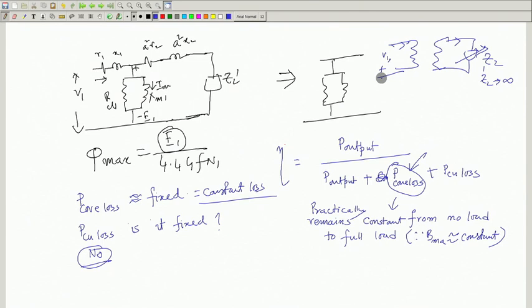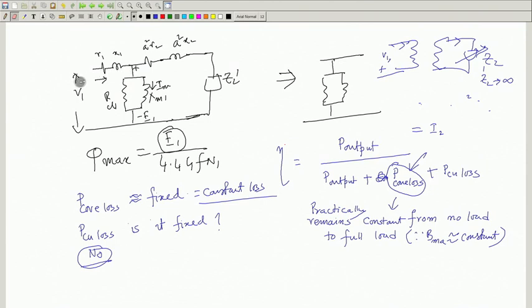Then the copper loss, in terms of the primary side, will be I1 squared Re1, which is the same as I2 squared into Re2, which is the same as, I should write, I2 dash squared. I will write it like this. What is the total copper loss?